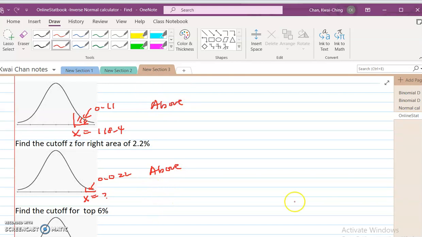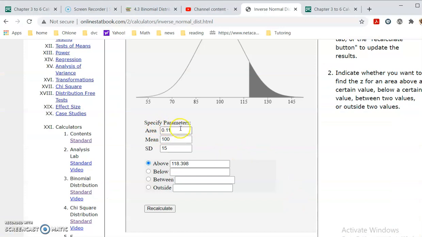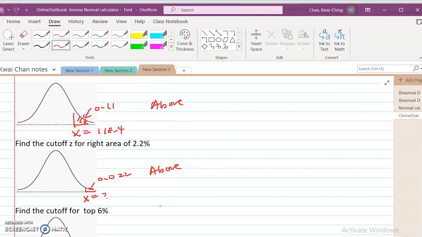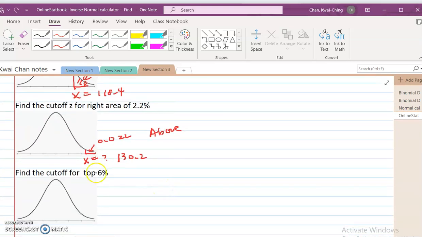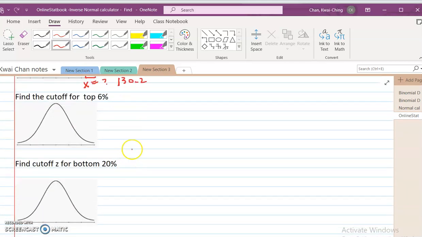And then you do 0.022, then you do above, and then recalculate: 130.2. So for 2%, it is 130.2. So 2% of IQ is greater than 130.2.